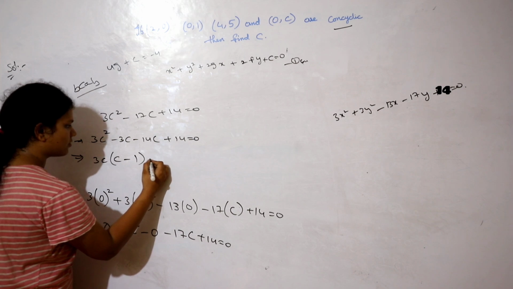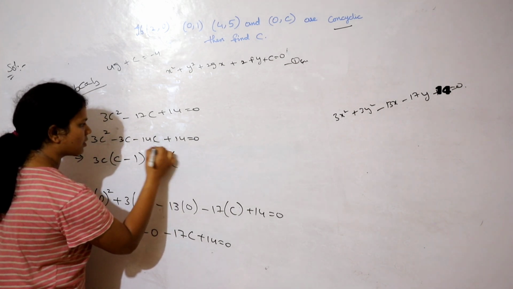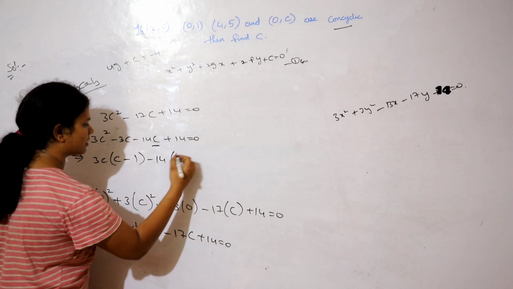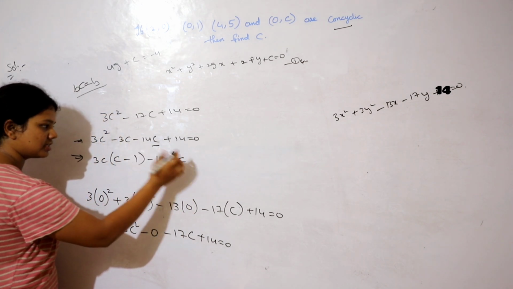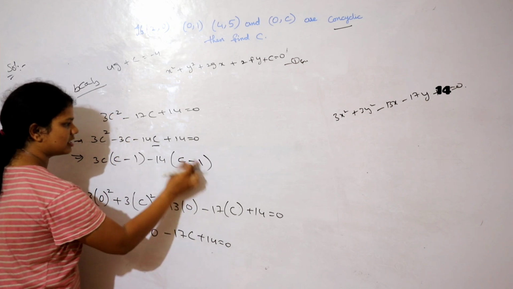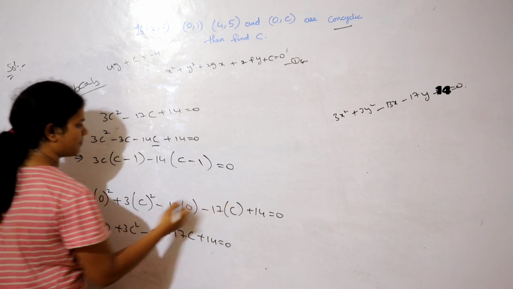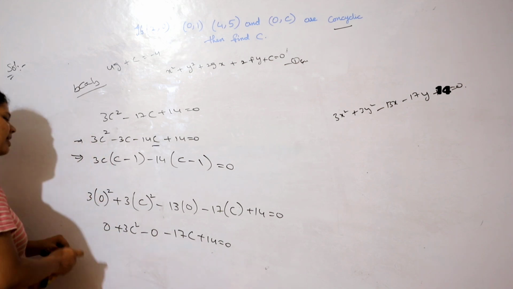Now we will be taking out minus 14. So this is c, minus 14 into c is minus 14c, minus 14 into minus 1 is plus 14, which is equal to 0. Clear? Keep on practicing.